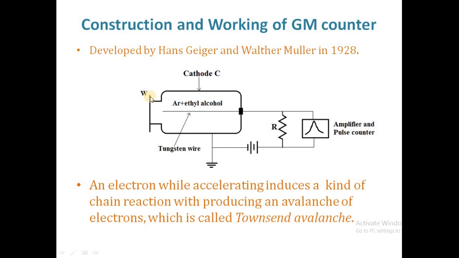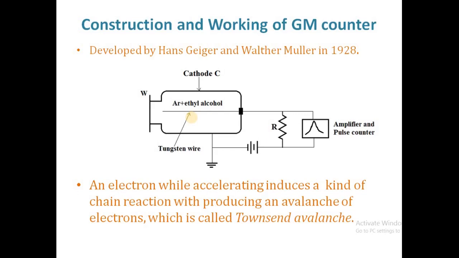Next, let us understand the working of Geiger-Müller counter. The ionizing radiation to be detected enters through the window W of the GM tube and it causes the ionization of the gas through collisions with the gas molecules. Due to ionization, positive ions and electrons are produced.